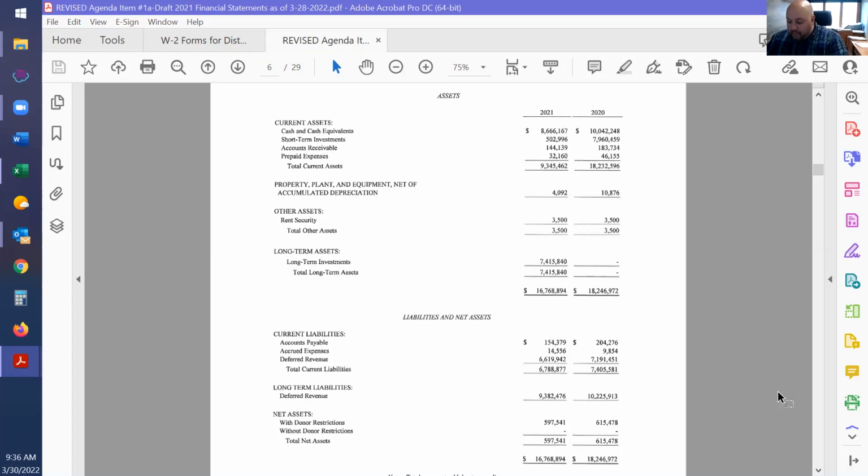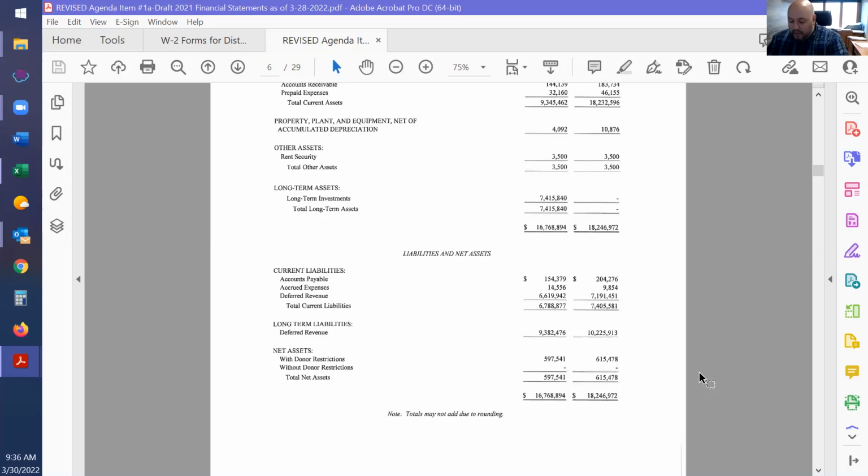Moving down to the bottom, the big swing would be under the deferred revenue. Again, this is the advance monies that we have received, and we recognize it as revenue each year as we're using those funds to maintain operations. So that's the reason for the decrease in that account for the year, the long term and the short term or current portion of that.